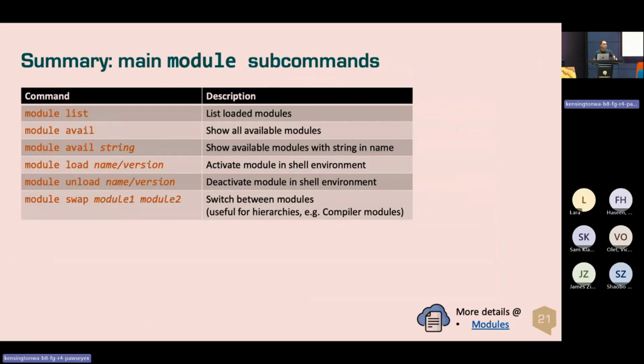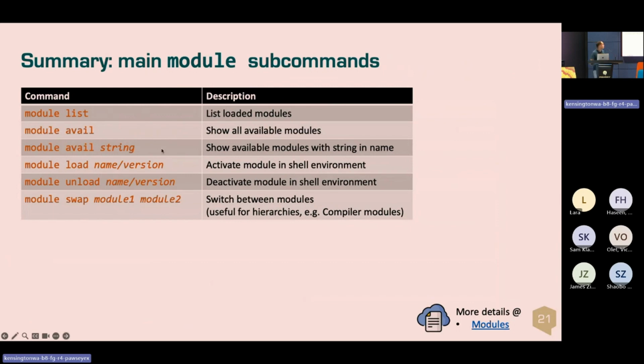Okay, so this is a list of the most used commands you can use with module. The module is the command, then you have subcommands. List gets all the loaded modules that are currently active. Available shows all the modules that are currently available.